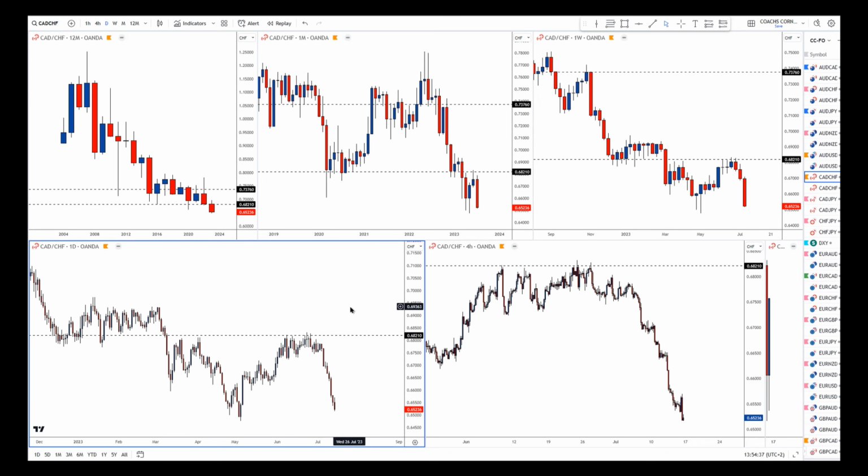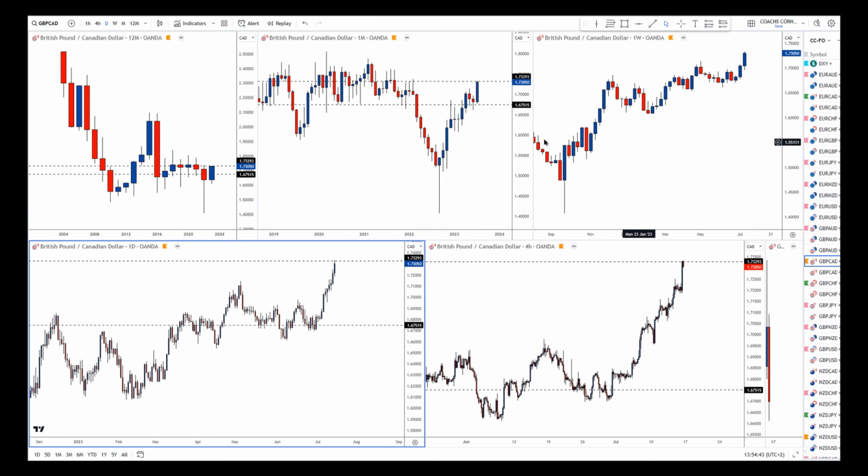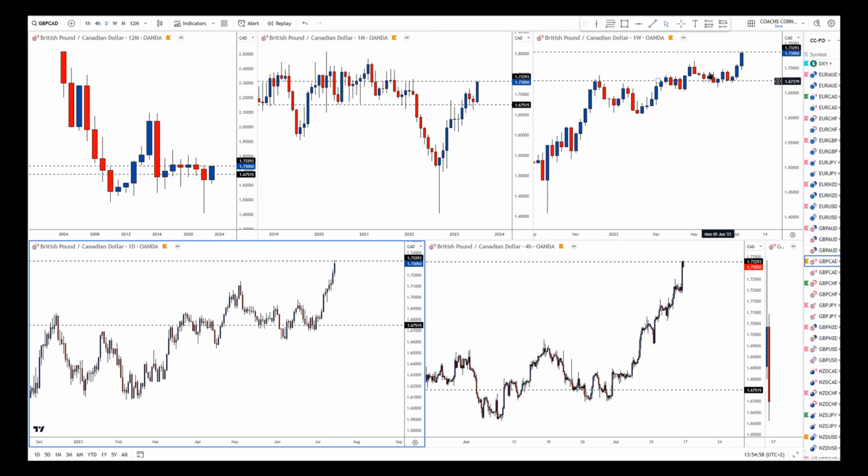Yep. Okay. Next one is pound CAD. My underlying bias on a yearly chart was up. Price was retracing back into support. Weekly retracement, monthly minor retracement. It's more a retracement on a weekly chart, and then I missed this opportunity.